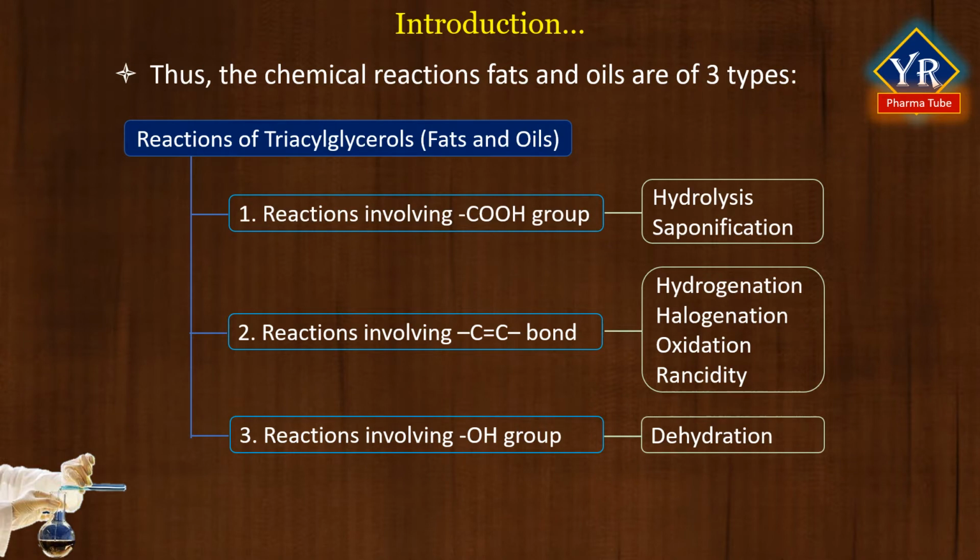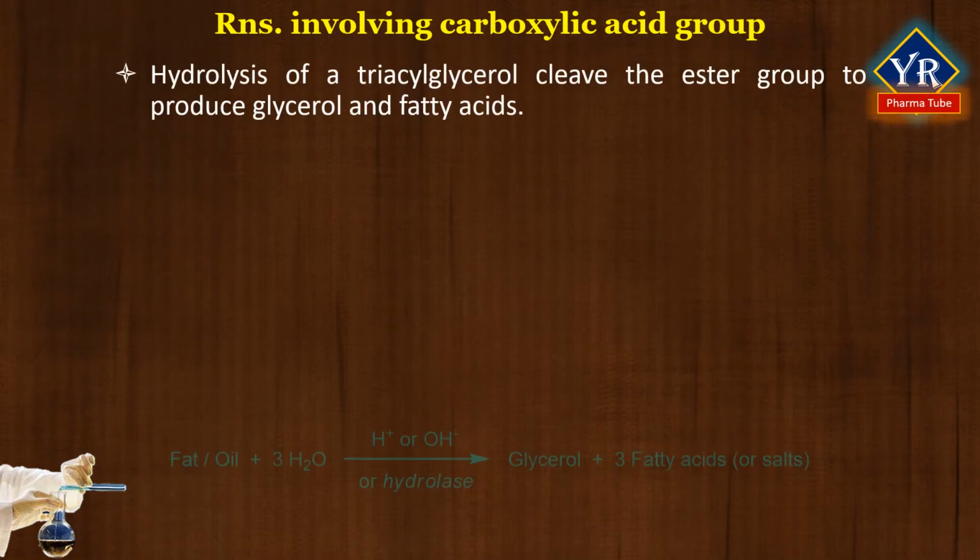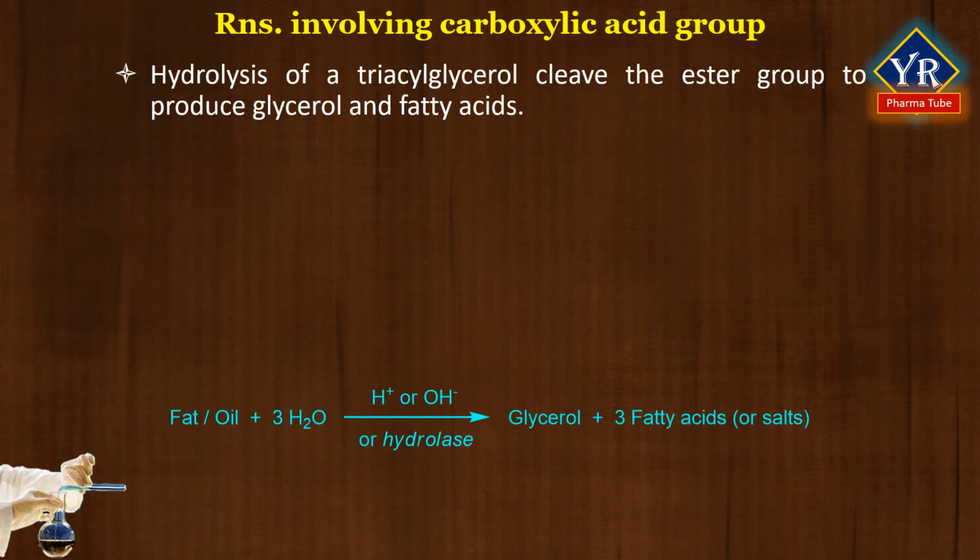Dehydration, which is also sometimes referred to as acrolein formation, in which glycerol loses a water molecule to form an aldehyde with an unpleasant odor. As triglycerols structurally consist of an ester group, hydrolysis is possible to cleave or split the ester group present in the fat or oil to produce glycerol and the respective fatty acids.